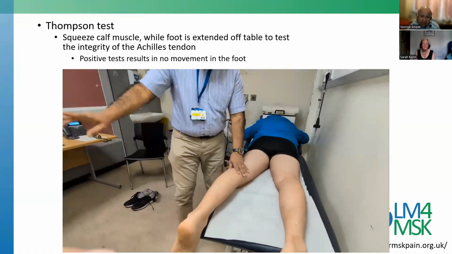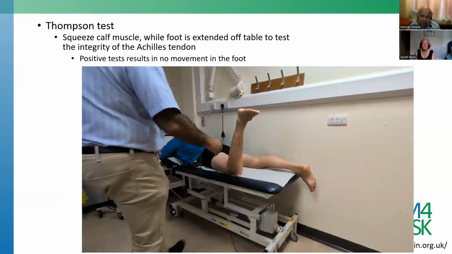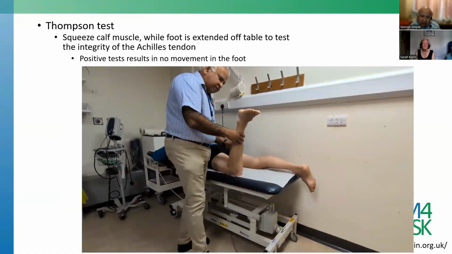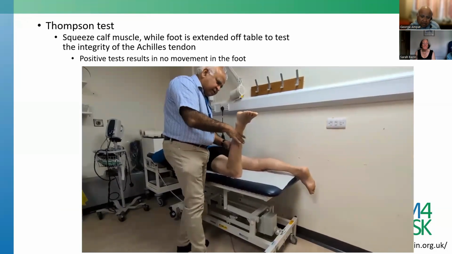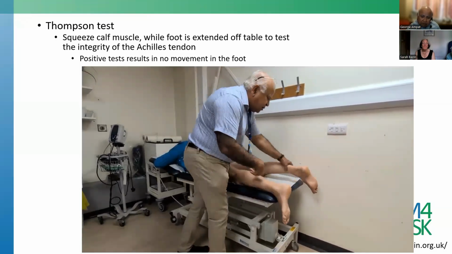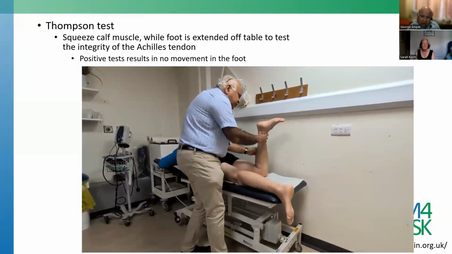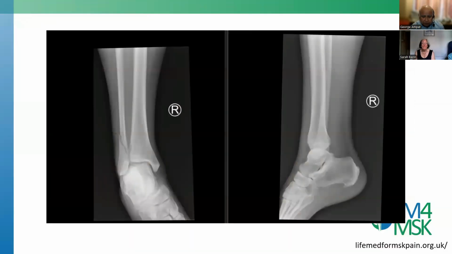On the left side, which is on this side, you can see that though I'm squeezing the calf, there is hardly any movement. But on the other side, where it is not damaged, as you squeeze, the foot pushes down. You can see how the foot is moving. It's an easy test to identify whether the Achilles tendon is damaged or not.